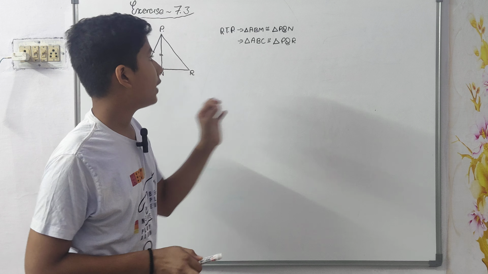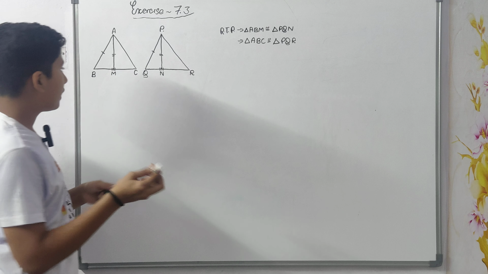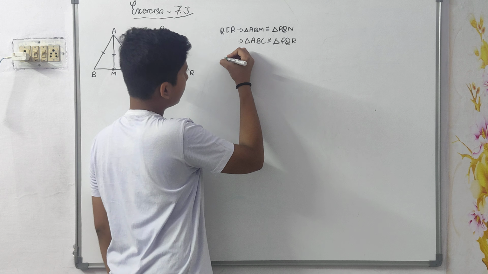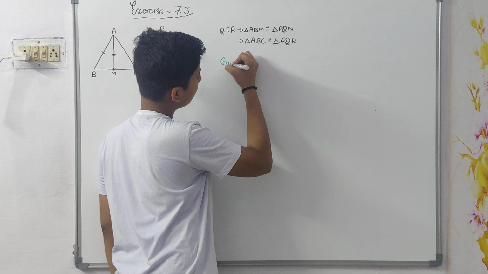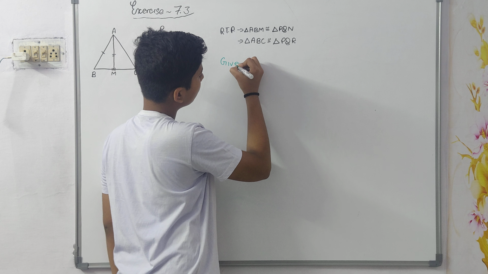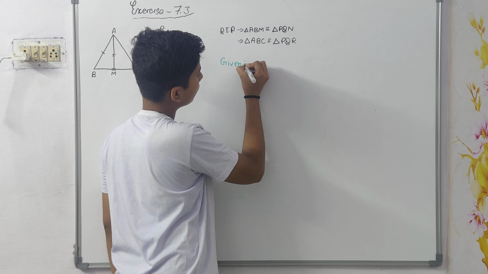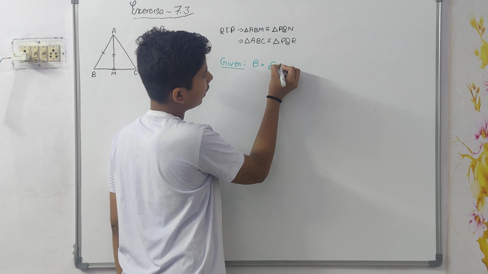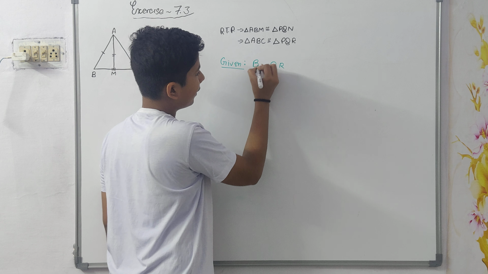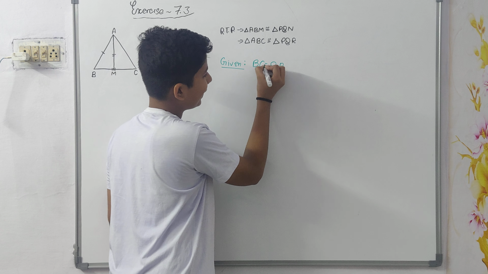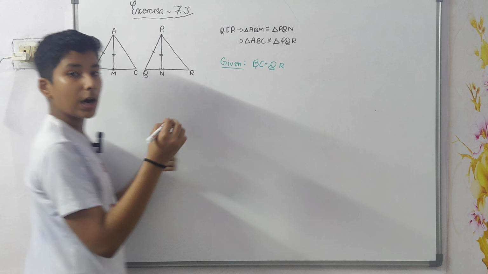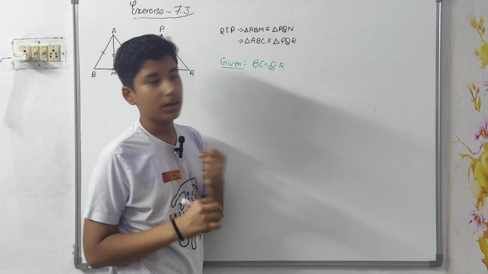Okay, so first of all, we can say that BC equals QR, given. Yes, BC equals QR. Okay, so their half will also be equal.